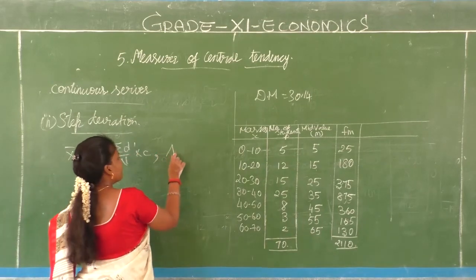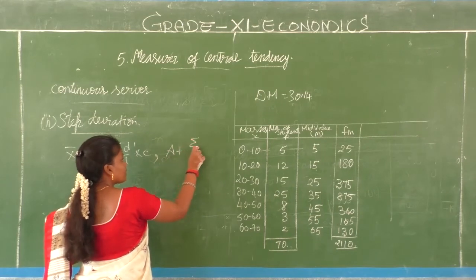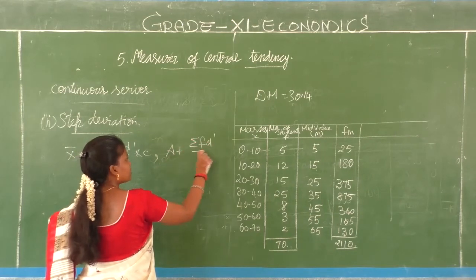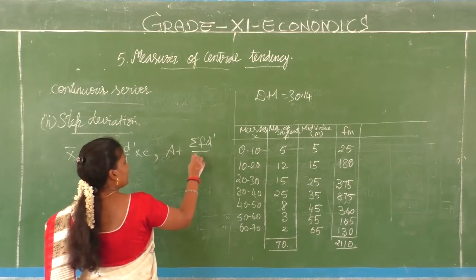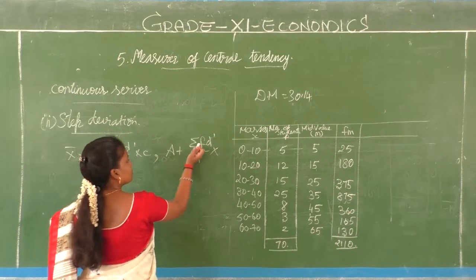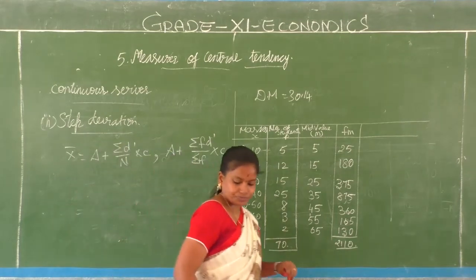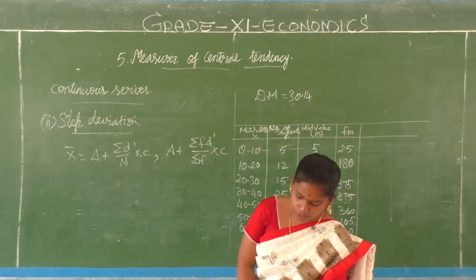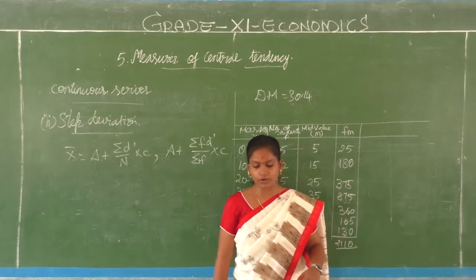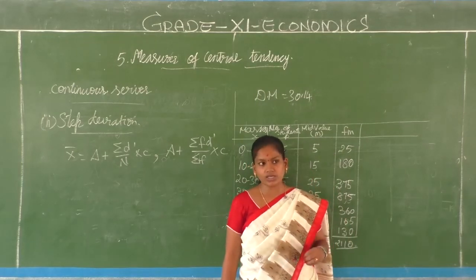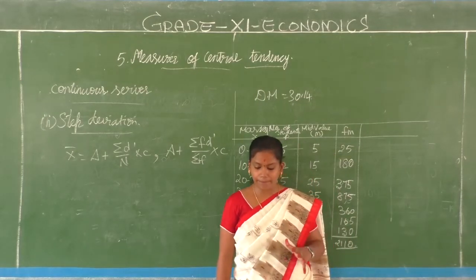Then we had a plus sigma f d dash by n, that's how we found it. What are we going to do here? In the step deviation method, we are going to find d dash is equal to m minus a by c.